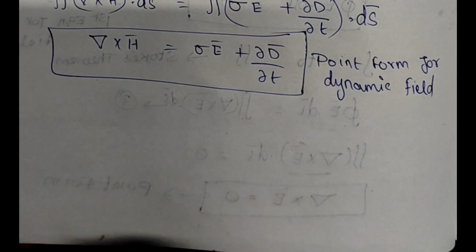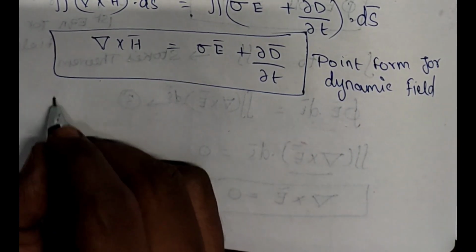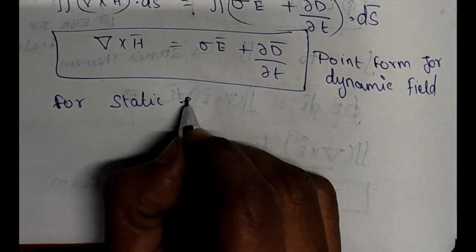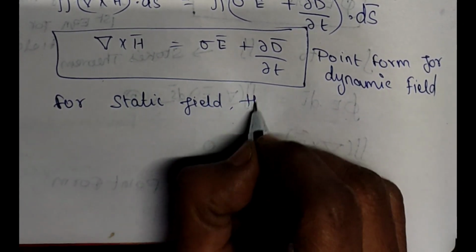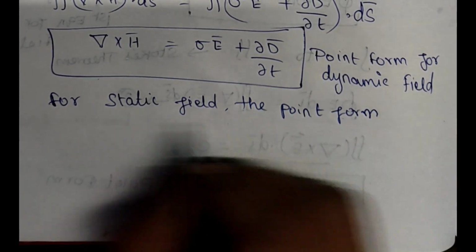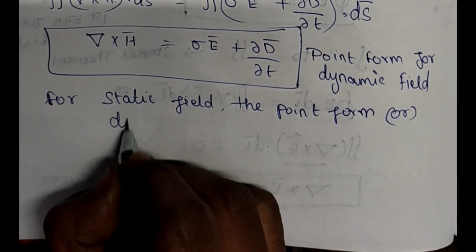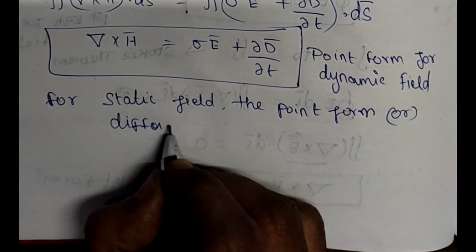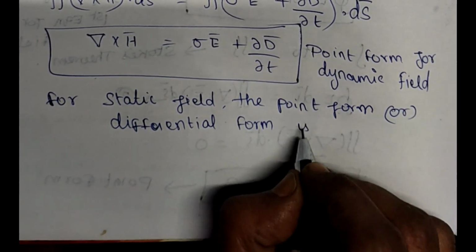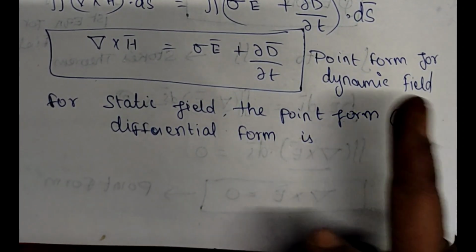Similarly, for static field, what would you do? You neglect the time term, that's all. For static field, the point form or differential form is obtained by just neglecting the time, because static means it does not vary depending upon time.